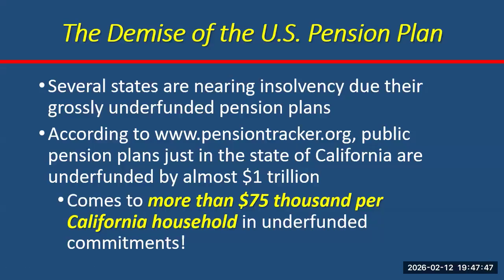It's disappointing because it's a really good website. But they showed how underfunded these pension plans were. So pension plans just in the state of California are underfunded by almost $1 trillion, $75,000 per household. How can it be such a massive number? Well, it depends on how you calculate it.